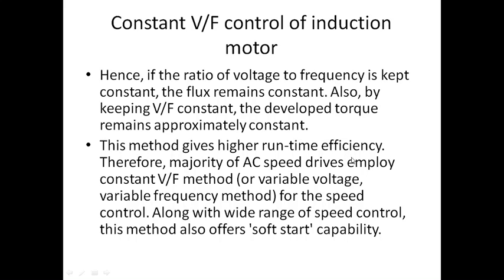So the maximum of the industries prefer this constant voltage to frequency method, where I get a higher runtime efficiency. Along with a wide range of speed control, this method also offers soft start capability. So most industries prefer this particular speed control.